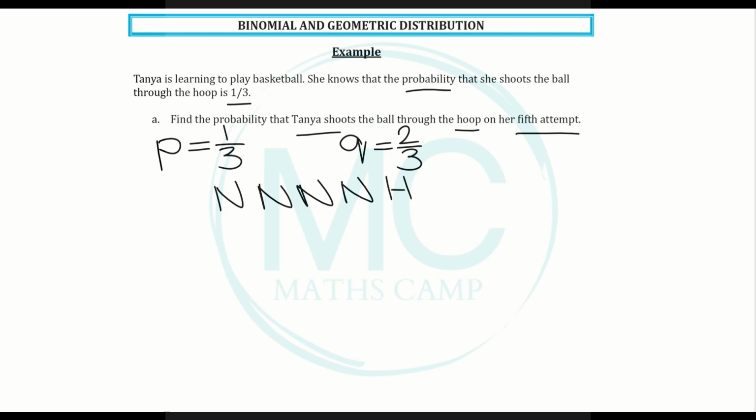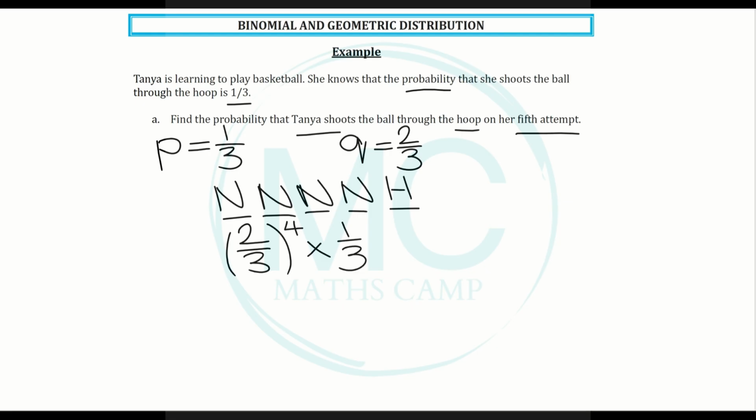When we have one probability and another, we multiply them together. The probability of not shooting a ball through the hoop is 2 over 3. So say 2 over 3, multiplied by itself 4 times. So let's put this into a bracket with an exponent of 4. Then on the 5th attempt, she does shoot the ball. So we can say multiply this by 1 over 3.